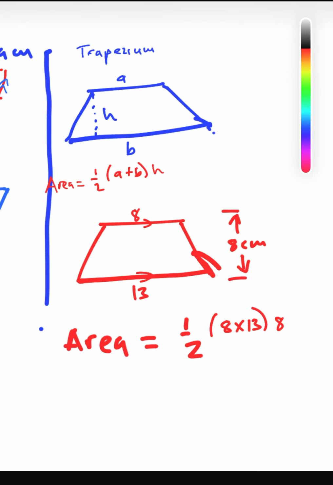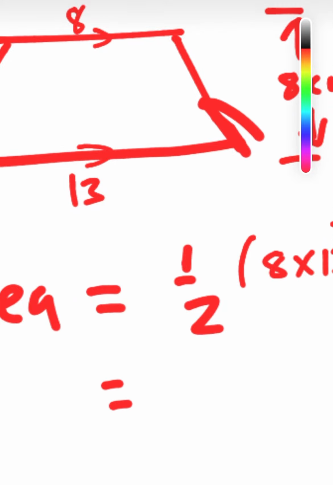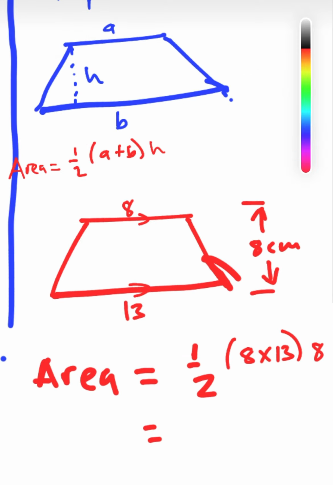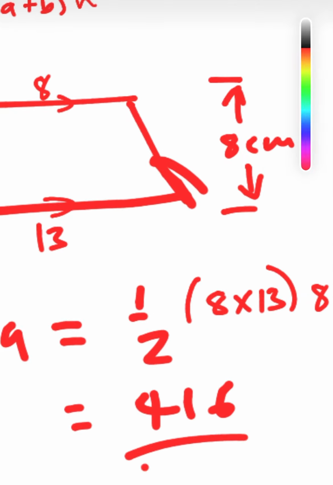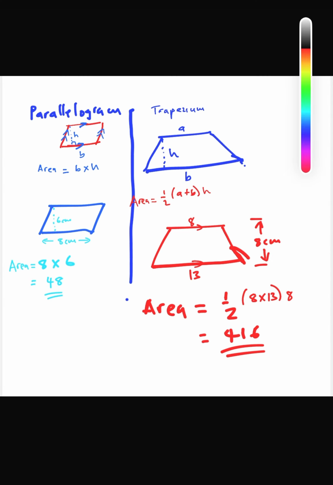Then of course, if I punch this on the calculator, it would give me 8 plus 13, times 8 again, then half of that will give me 84. That's the area of my trapezium. All right, that's okay.